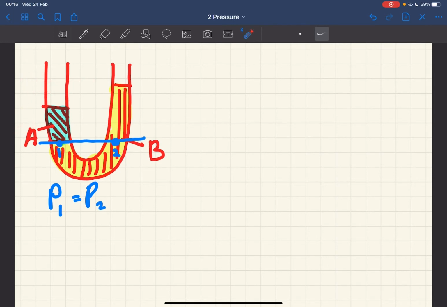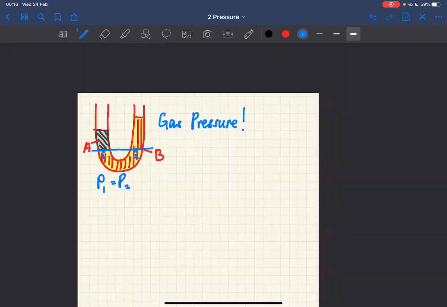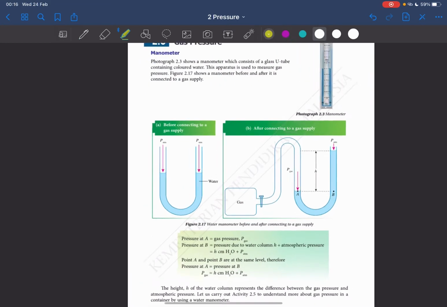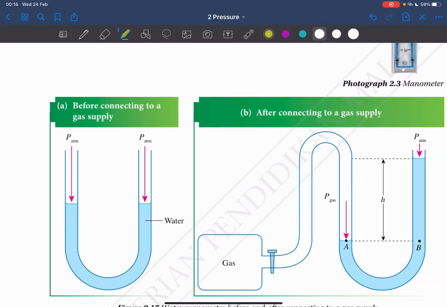Now, change this into gas. Then we have gas pressure. The concept is fairly similar. Let's see. If we have a manometer filled with water with an open end, we know that the water will be at the same level.